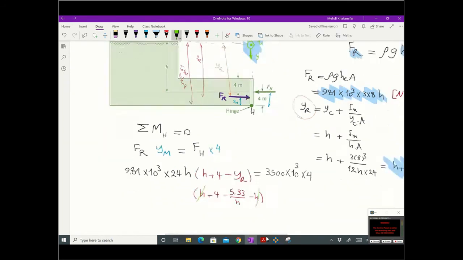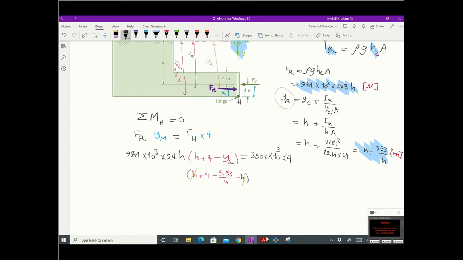So 9.81 times 10 power 3 times 24 times 4h minus everything again, 24 times 5.33, must be equal to 355 times 10 power 3 times 4.